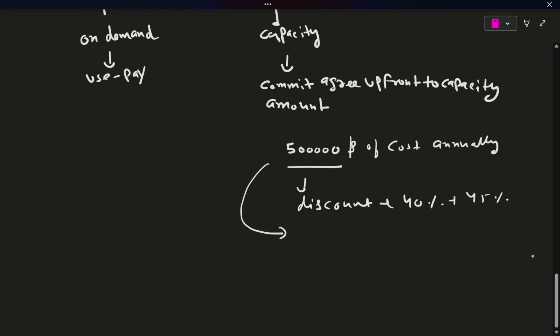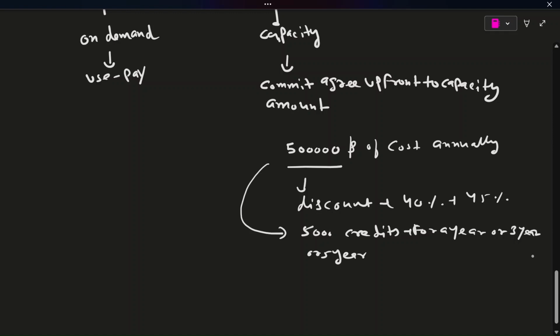So let's say for 0.5 million you get, just a hypothetical figure, 5,000 credits for a year, or 3 year or 5 year, not sure. All these discussions are basically with the Snowflake team.